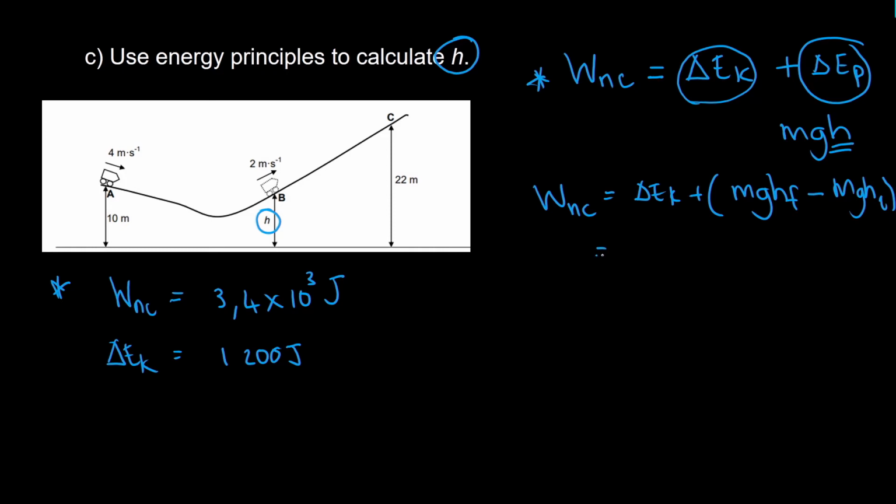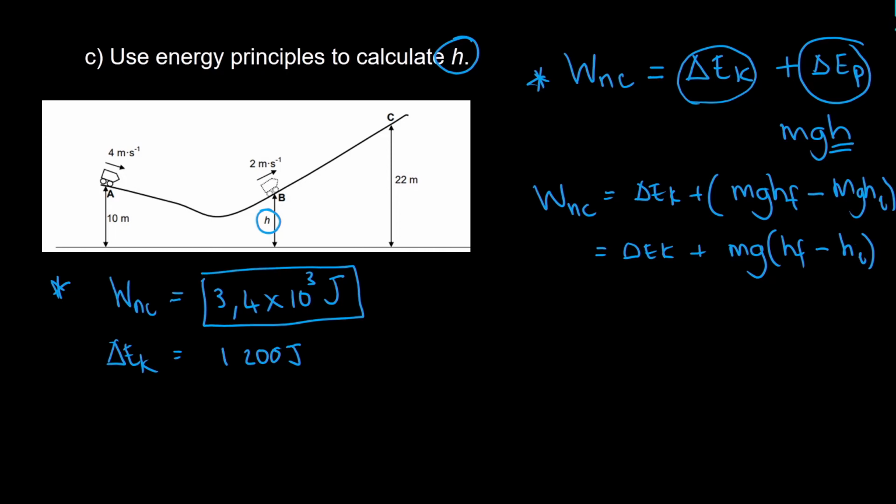Again, we can remove that, which is common, and so we have mg, final height minus initial height. All right, let's substitute in. The work done by the non-conservative force is being given to us. Here it is here.